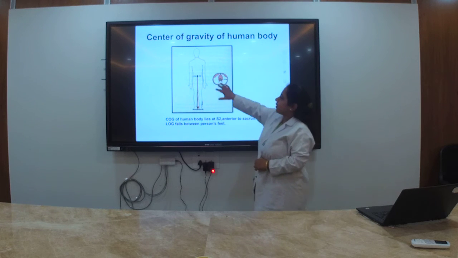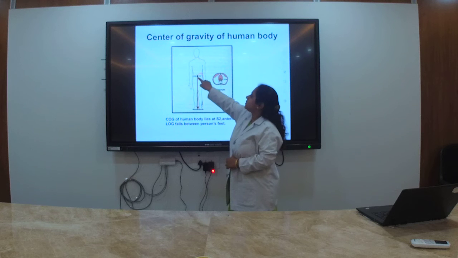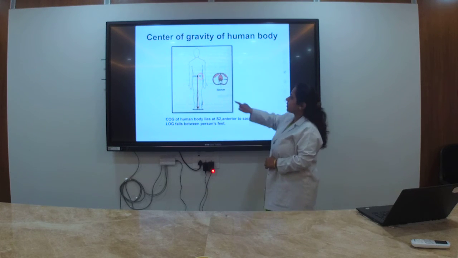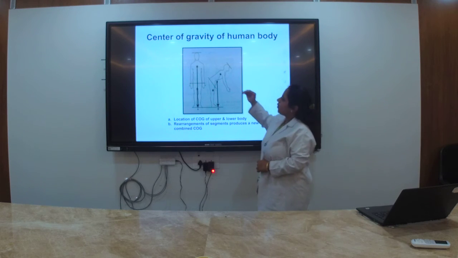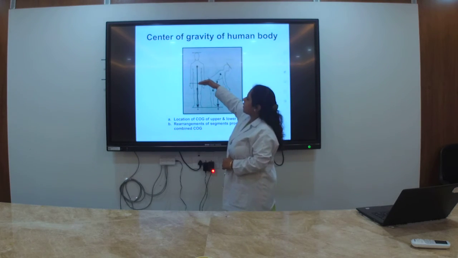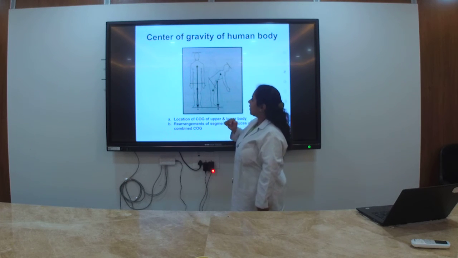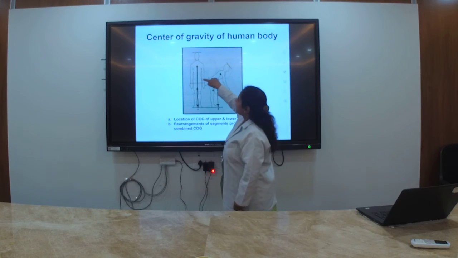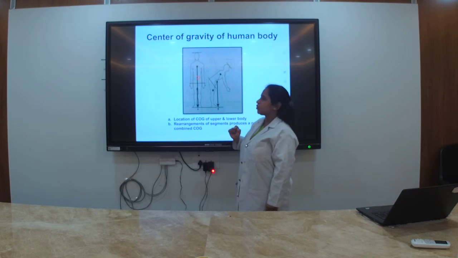This is the diagram of center of gravity which lies anterior to the second sacral vertebra. Now, if the body is considered as a rigid upper segment and rigid lower body segment, two centers of gravity are created, but the main center of gravity lies anterior to S2.